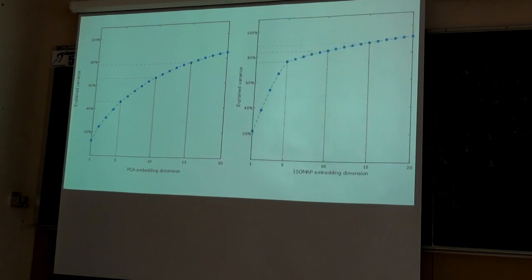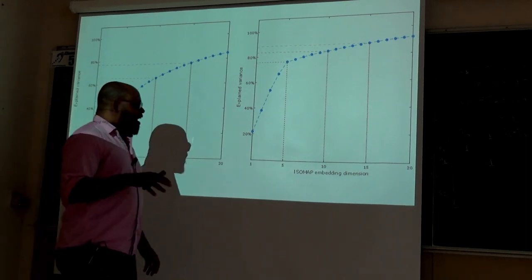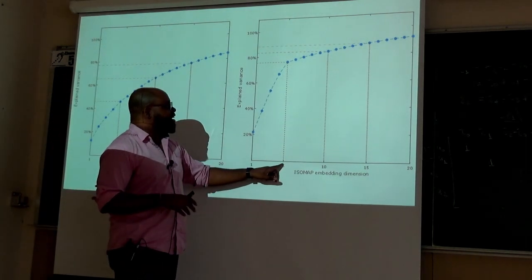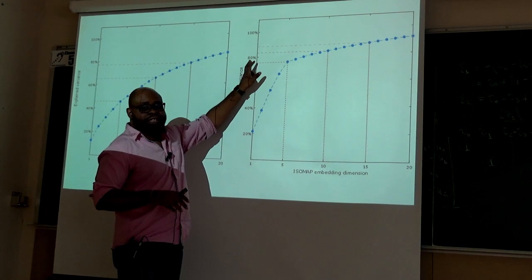So I did the next best thing. There's this method called isomap. How many of you know isomap? Okay, great. What isomap does is it disentangles the data and then does a projection similar to PCA. So even after you do that, you still have to go up to dimension 5 to get something close to 80% of the variance.